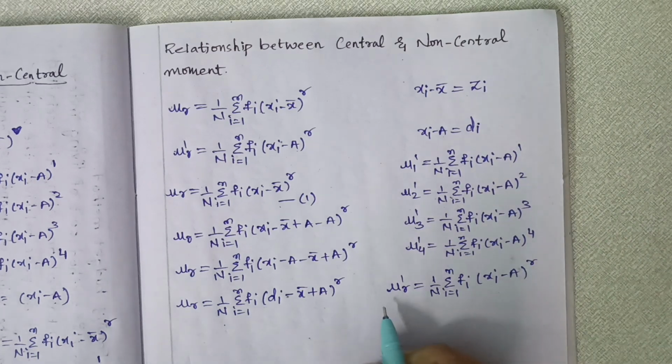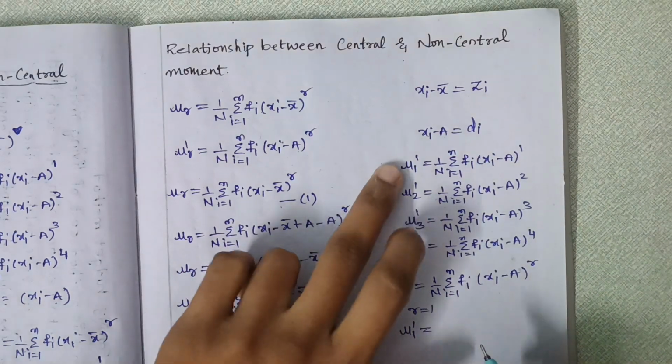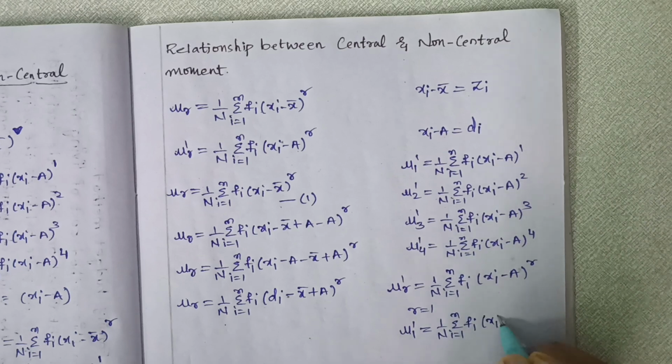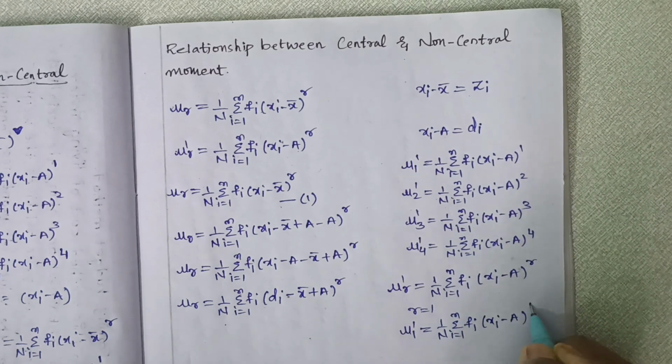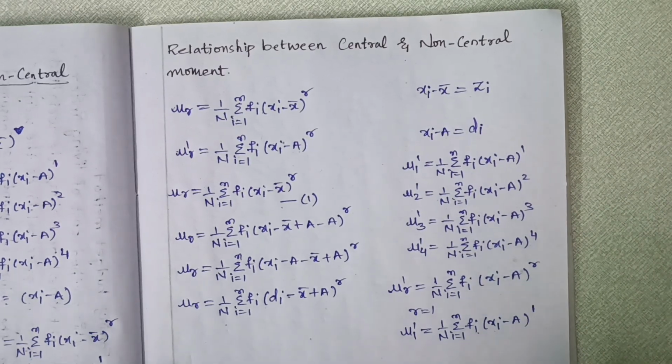Let me consider r is equal to 1. Therefore mu 1 dash is equal to 1 by n summation i equals 1 to n fi into (xi minus a) whole to the power of 1. So we will multiply this 1 by n summation fi into xi and minus a.